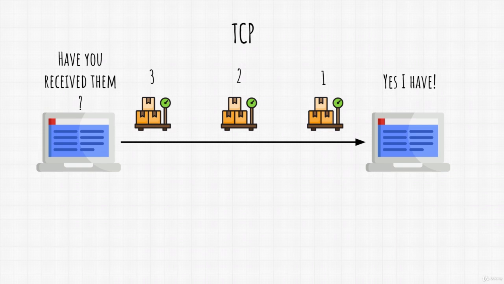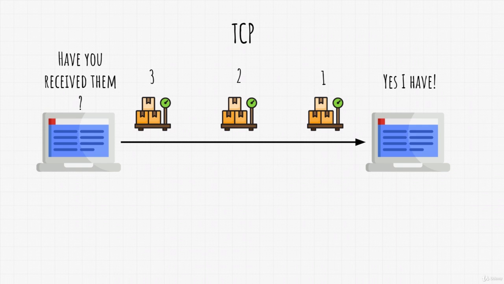So TCP is all about reliability. Packets sent with TCP are tracked so no data is lost or corrupted in transit. That's why, once you download a file over the internet, for example, your file is working once you run it on your machine, because it is being transferred with TCP. So all of the packets will reach their destination without any errors.